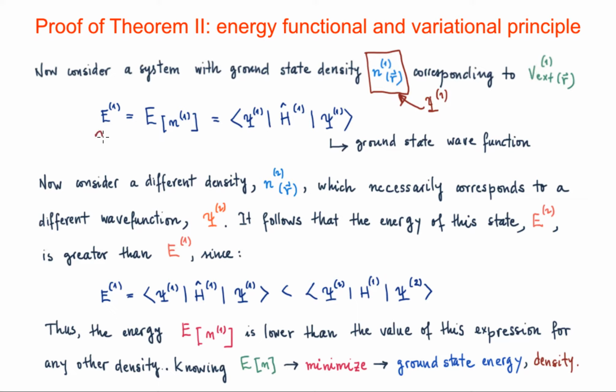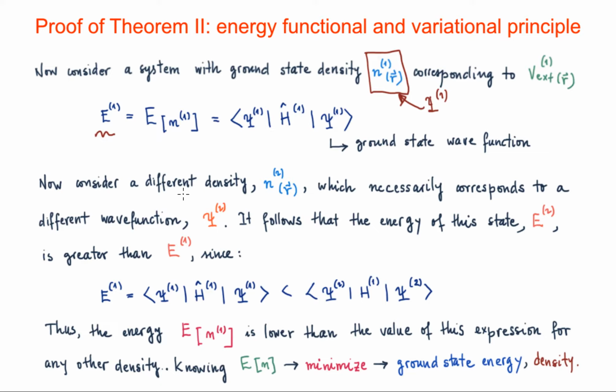This is the ground state energy. We have just defined a functional of the total energy of the system in terms of the electronic density. If in that functional we substitute the density with the ground state density we have called N1, then we should have the ground state energy. That's what we have.